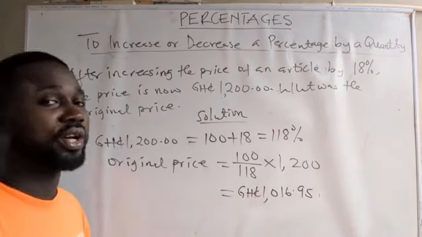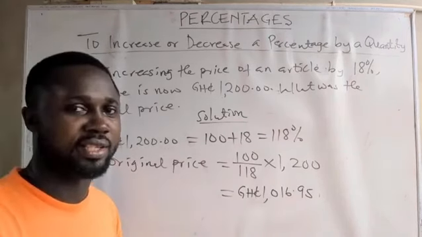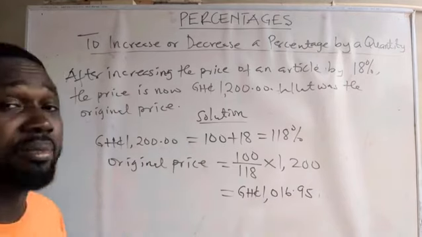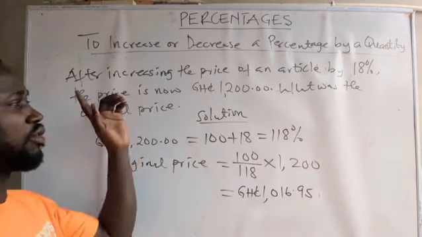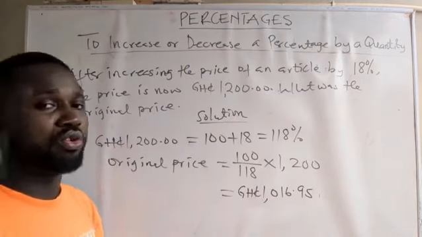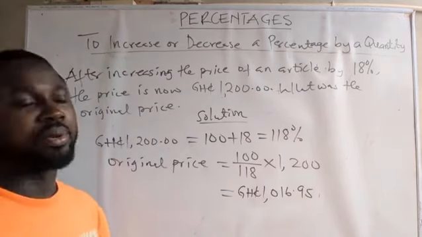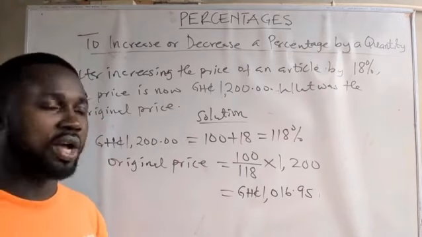I know you have enjoyed the concept of increasing or decreasing by a percentage. In summary, the value that you are given in the question, always make sure that you look for each percentage, and then you calculate for the percentage of the value you are looking for.